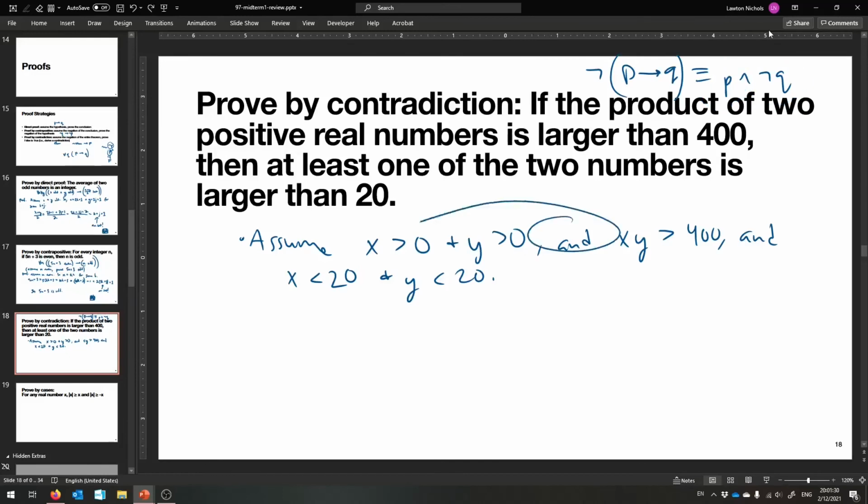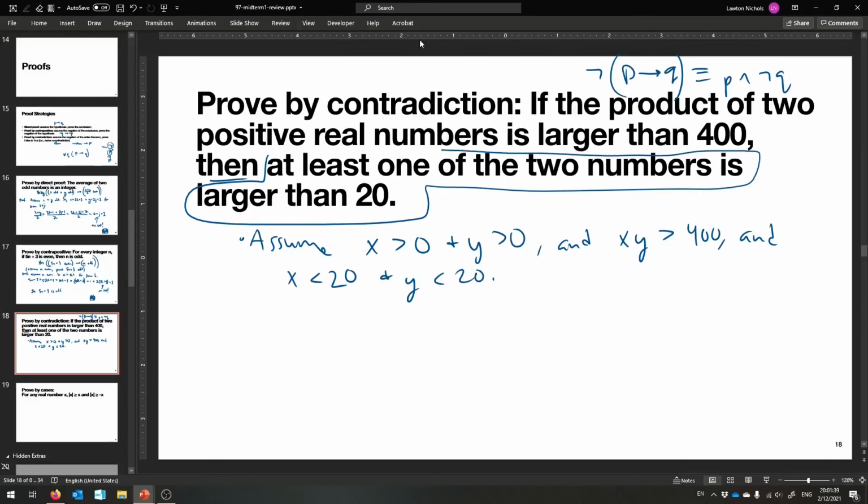So assume all this stuff is beautiful, and then also the negation of the conclusion. So the then part after that, that's something I'm negating. So negate this. Hopefully that makes sense. Please yell at me if it does not. And you know what? I am sorry because the opposite of larger than is less than or equal to. I am so sorry.